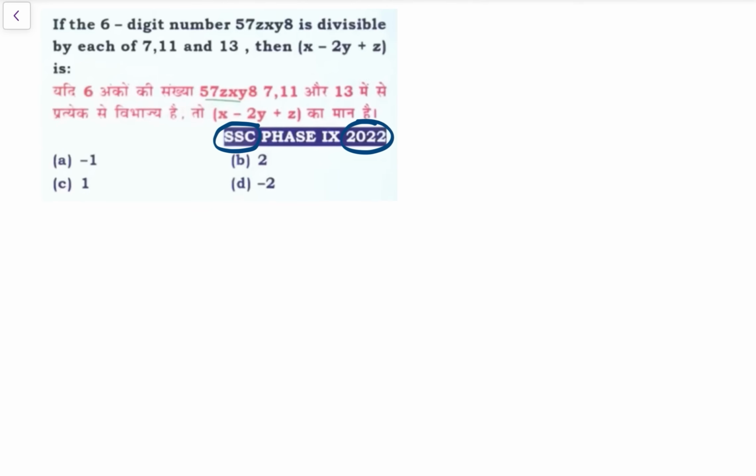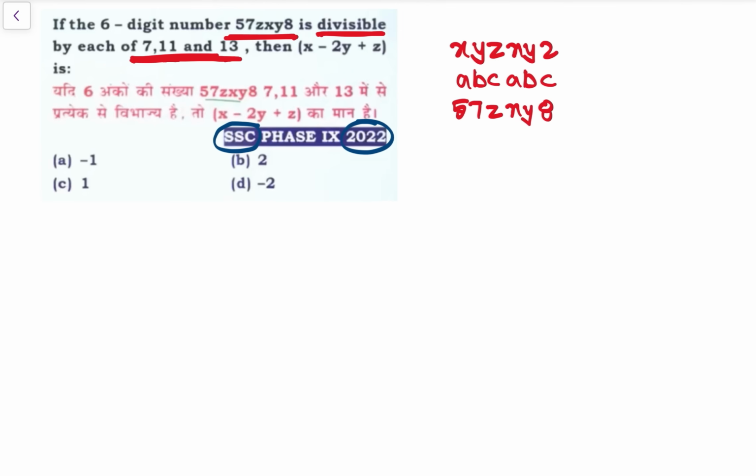If the 6-digit number 57ZXY8 is divisible by each of 7, 11, 13, then x minus 2y plus z is. देखो, 6 डिजिट नंबर इन 3 नंबर से डिविजिबल हो रहा है। इसका मतलब क्या है? दैट नंबर इज इन द फॉर्म ऑफ XYZ XYZ फॉर्म और ABC ABC फॉर्म। सो Z हो जाएगा 8, X हो जाएगा 5 और Y हो जाएगा 7। सो दैट इज 578578.